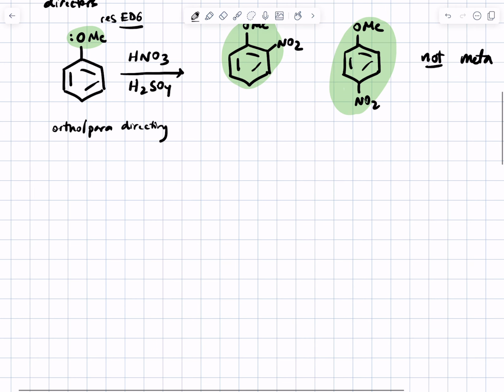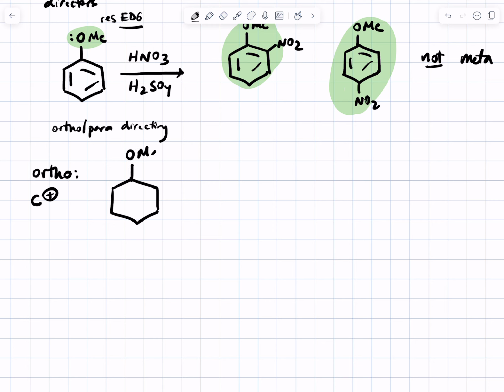So let's draw real briefly how the carbocation would look if we added the nitro group at the ortho position relative to the methoxy ring, okay? So the nitro group would be here. And remember that when we do an electrophilic aromatic substitution reaction, this is the hydrogen that used to be on that carbon, on the ortho position, and then we'll use maybe pink for the nitro group.